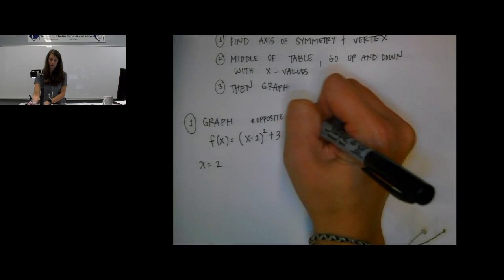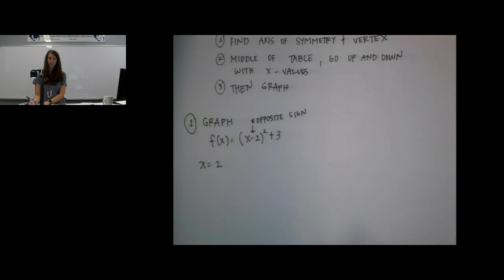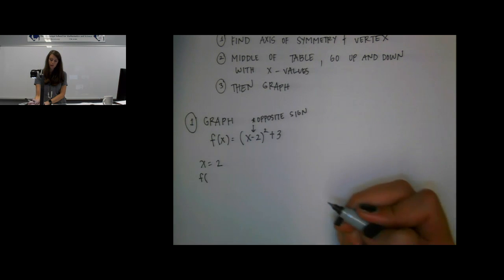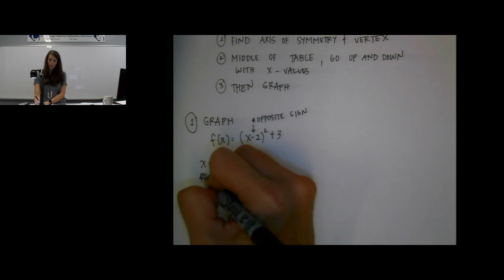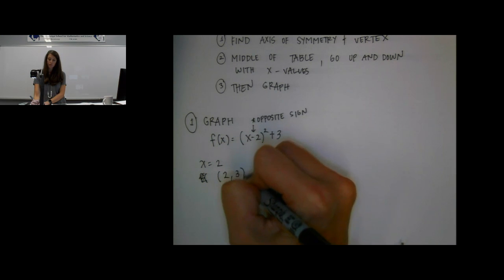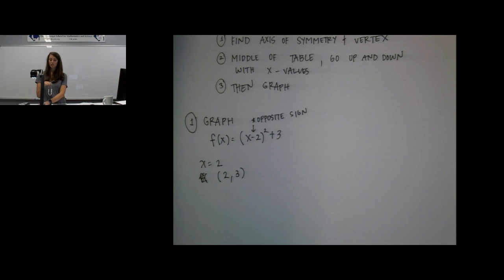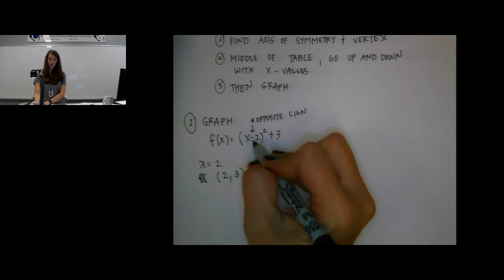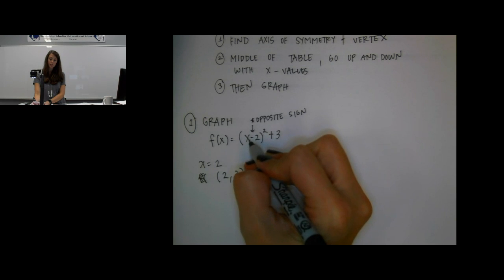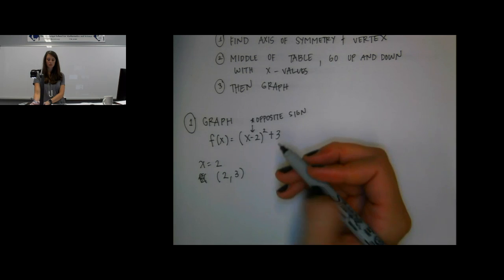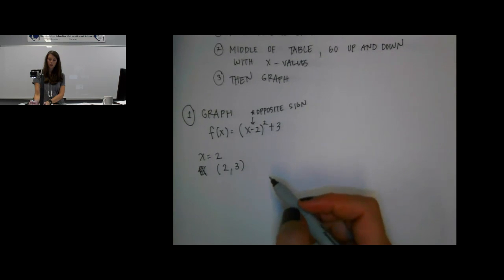So the vertex will be 2, 3. I don't even have to solve anything, I can just plug that in. Really, how you're doing that is you're setting this equal to 0, so x minus 2 equals 0 is a positive 2. That's how you get it.